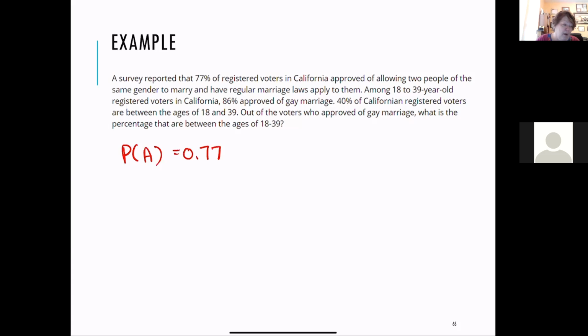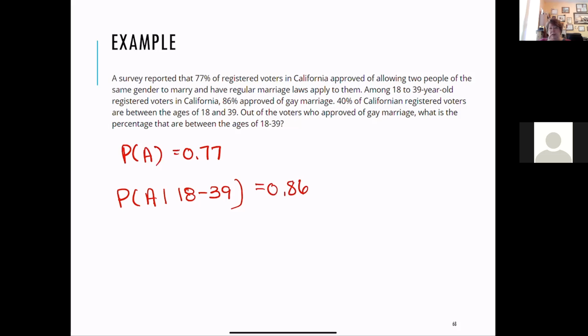So my pool of voters is now just the 18 to 39-year-olds, and of those, 86% approve. That's a conditional probability, the probability they approve given they're between that age, because I've decreased the pool of voters. And that is going to be 86%.